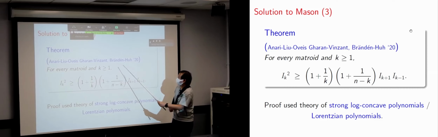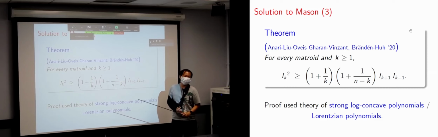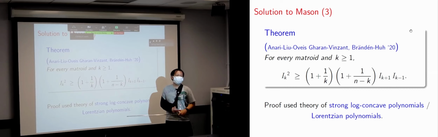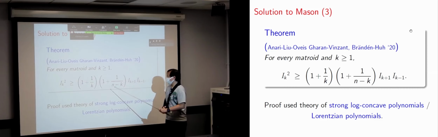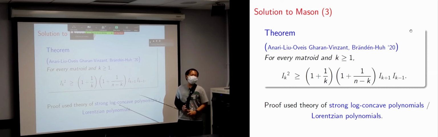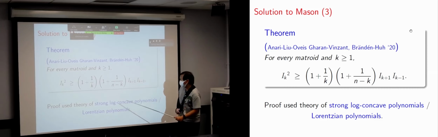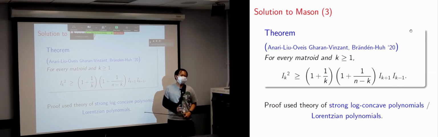I was told by one of the authors that it is not a coincidence, that they actually arranged for that to happen. Okay? And what they do here is a bit different already from what they do for the first and second Mason. Here, they instead develop a polynomial theory. The Anari group calls them strong log-concave polynomials. Brändén-Huh call them Lorentzian polynomials.